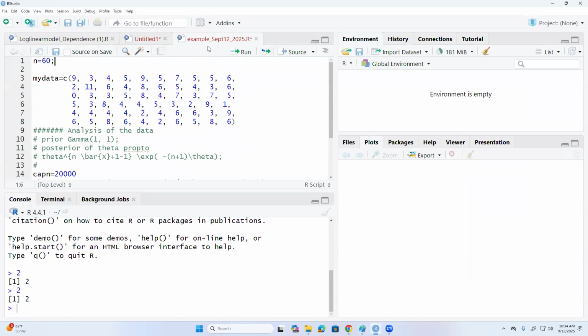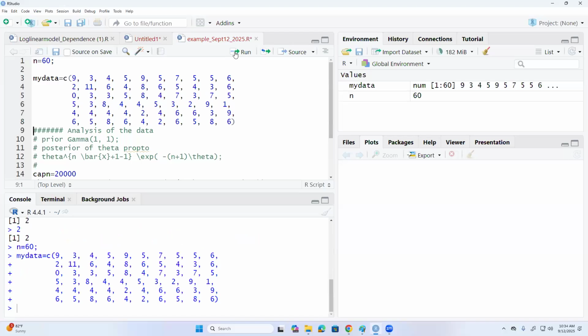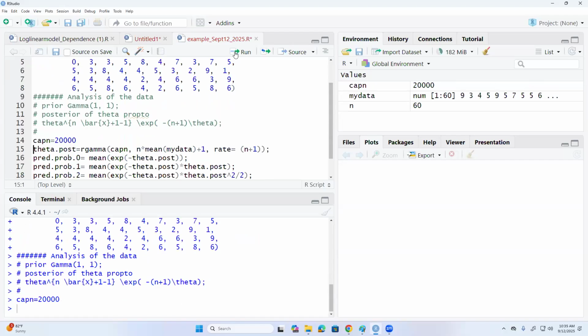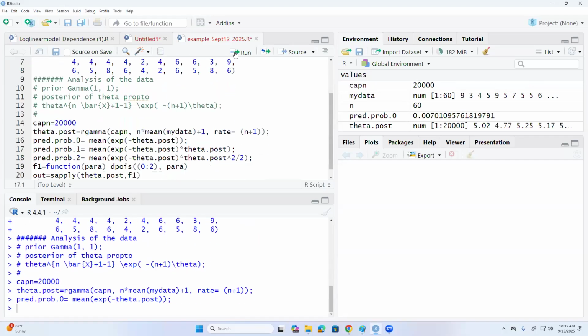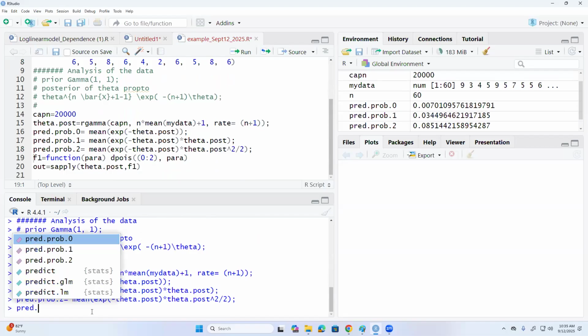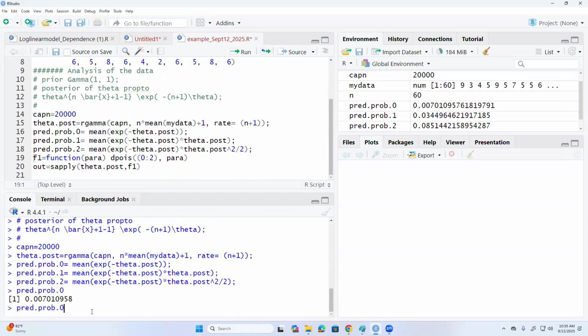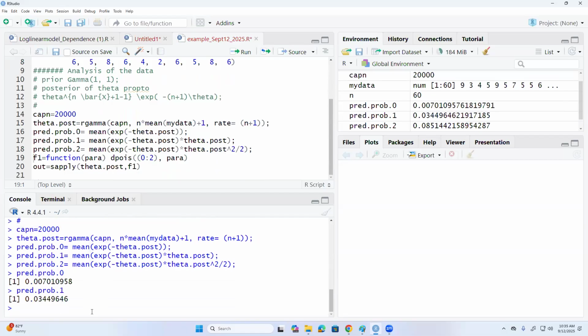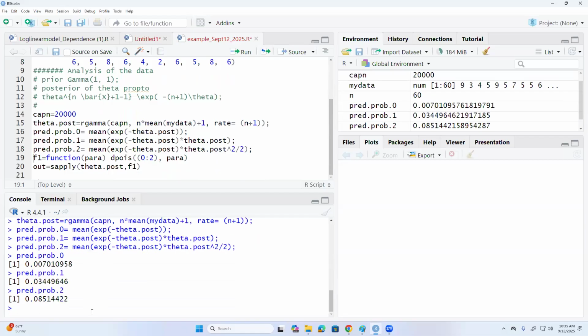So what did I do? So here it is this, then this my data. You can calculate probabilities, right? For different R equal to 0, 1, 2, 3, 4, many values.